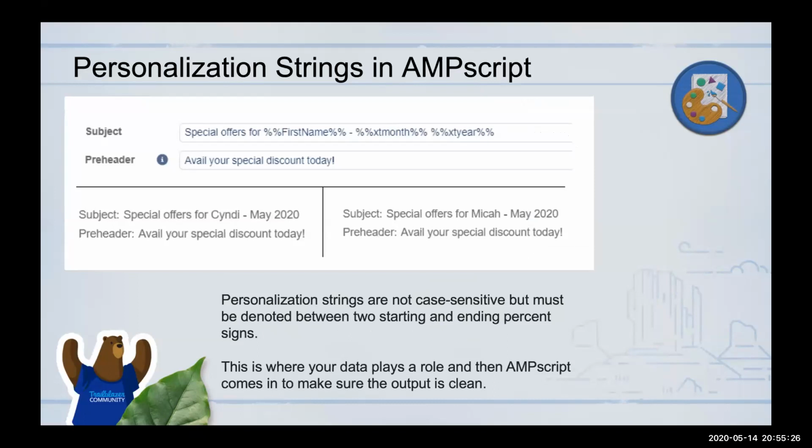So here's some more examples of AMPscript, of personalization strings in AMPscript. The personalization strings are not case sensitive, but must be denoted when they're between two starting and ending percent signs. So if you ever run into errors, you might have forgotten a percent sign, or you might have not done it correctly.